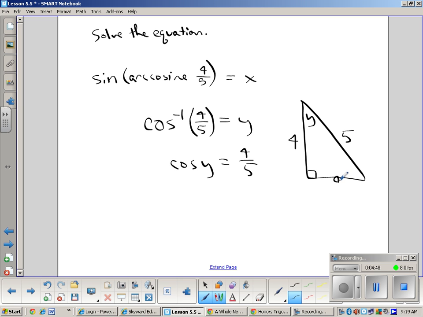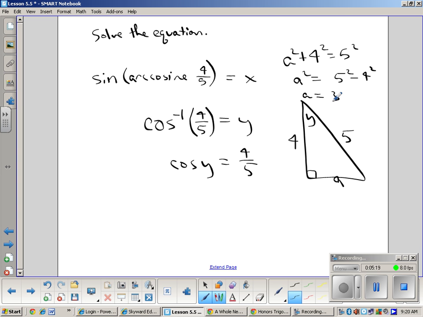We'll just call it A. A squared plus 4 squared equals 5 squared. Or we can cut right to the chase and say A squared equals 5 squared minus 4 squared. A is equal to the square root of that, and we get 3 either way. Okay?